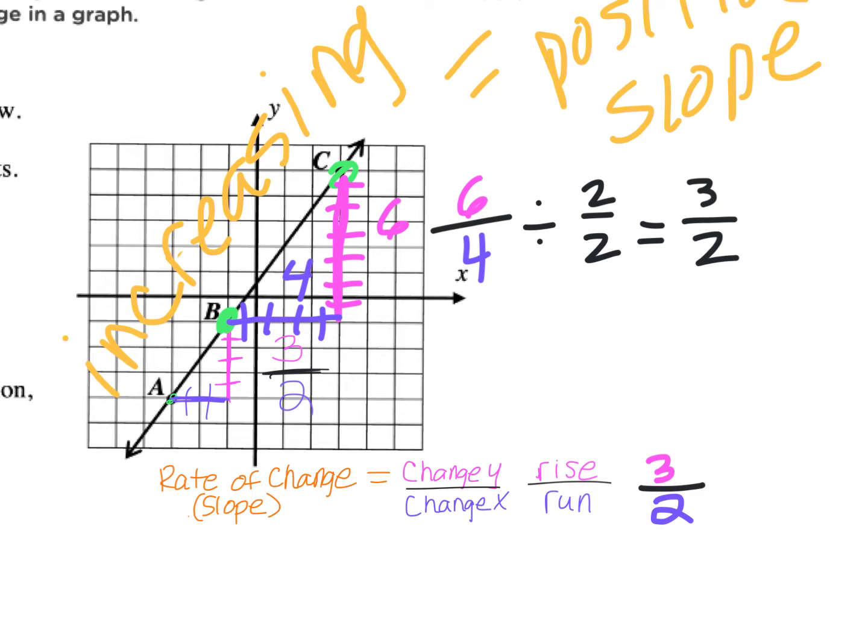The only difference is that in a case like BC, if we use 2 coordinates that are farther away, we end up with a fraction that needs to be simplified. If we choose 2 coordinates that are closer together, we're more likely to not have to simplify. But you should still get the same slope no matter what coordinates you use.